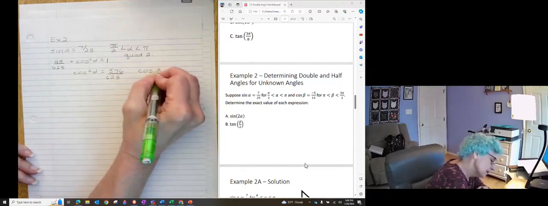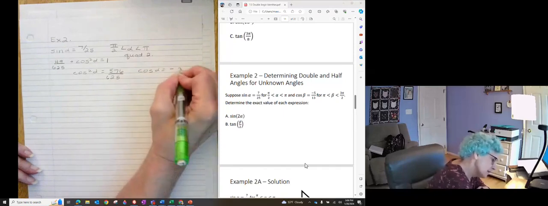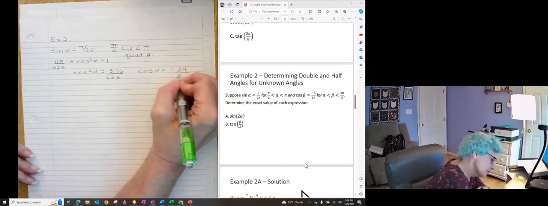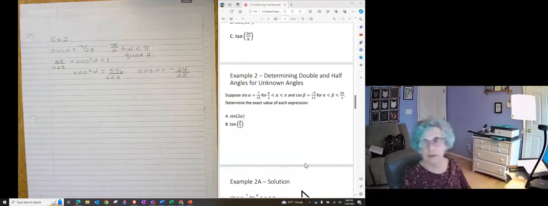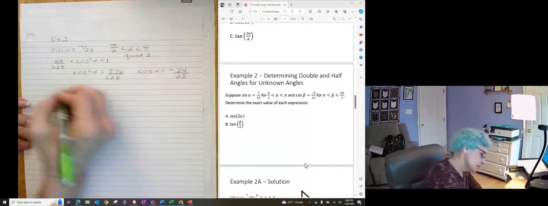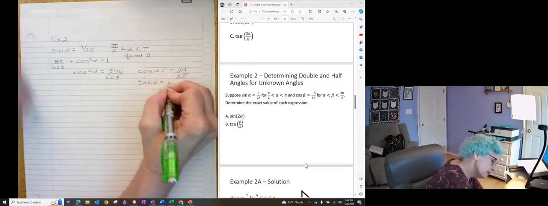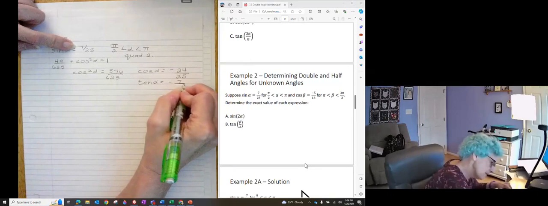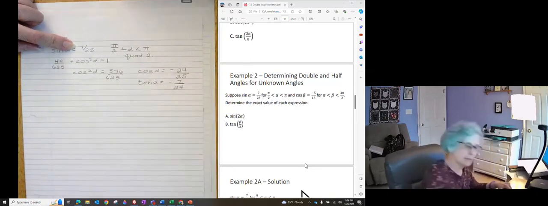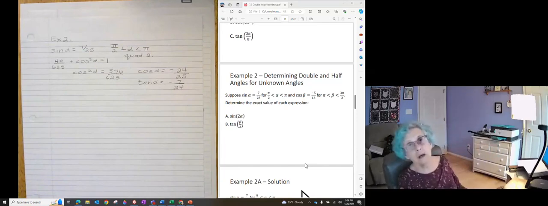So cosine of alpha is negative 24 over 25 because we're living in quadrant number 2. And tangent of alpha is negative 7 over 24 because the 25s will cancel.